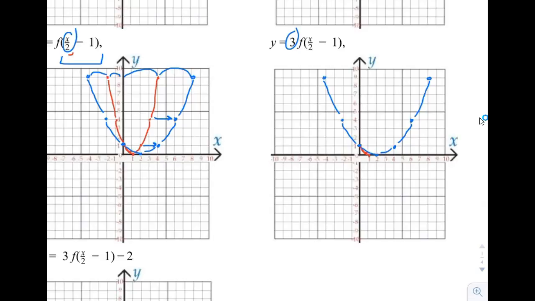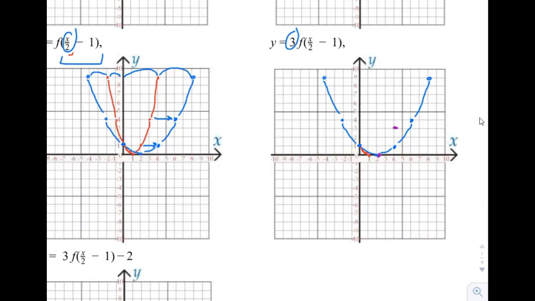Okay. Now I am going to stretch it in the vertical direction by a factor of 3. And that means anything that is not on the x-axis is going to move farther away from the x-axis. Anything that is on the x-axis is going to stay right where it is. So this point's on the x-axis, it's going to stay where it is. This point here, 4, 1, is going to be stretched from the x-axis by a factor of 3.